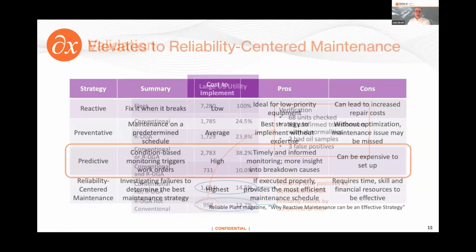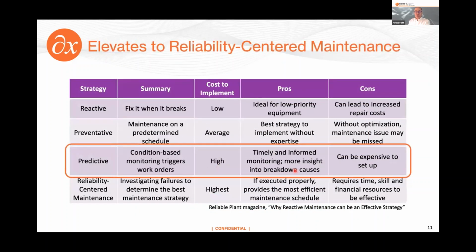So what does that basically do for you? Well, DGA contributes to a predictive or condition-based monitoring maintenance strategy. Even though you're doing it on a scheduled basis, the whole point is you're trying to identify when conditions change so that you can go and do other investigations and maintenance. That's the nature of a condition-based maintenance strategy.